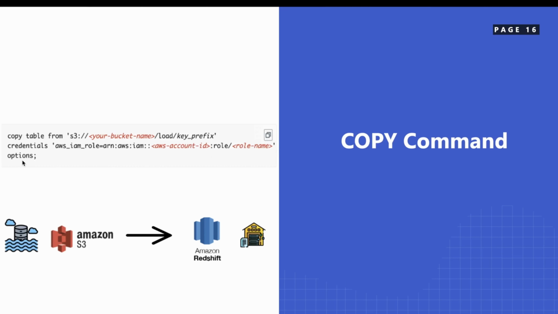And in options you can give a lot of parameters, such as the file format, like CSV, and the delimiter or separator if you're using one, so that it will treat that as a separator and what comes after it as a new column. All the parameters you can pass here after credentials. This is the syntax of the copy command which you can use to copy the data from the data lake to the data warehouse.